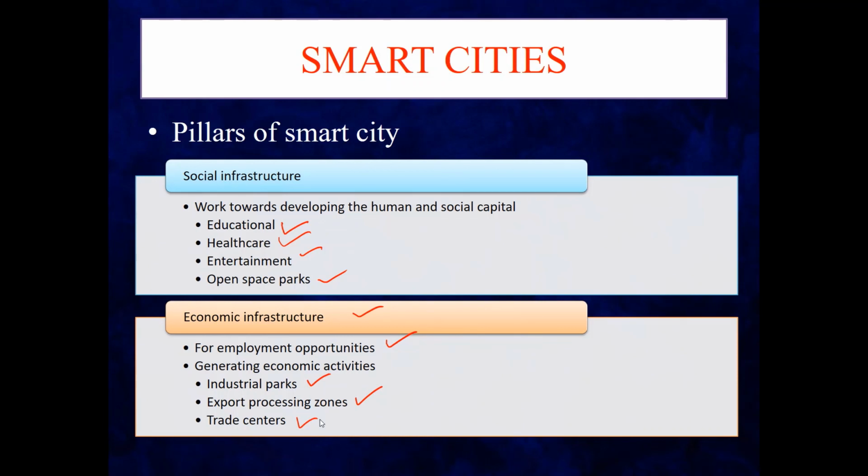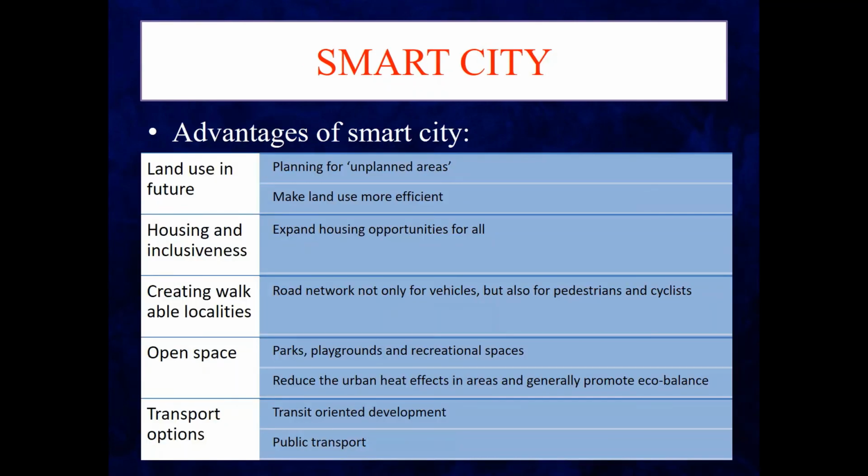Right. Then after some advantages of smart city, like land use for the future, make land use more efficient for the future, housing and inclusiveness, expand housing opportunity for all, creating walkable localities.